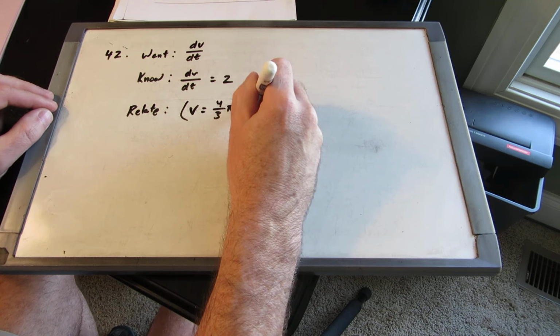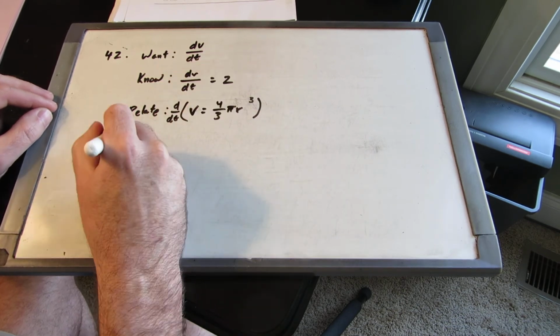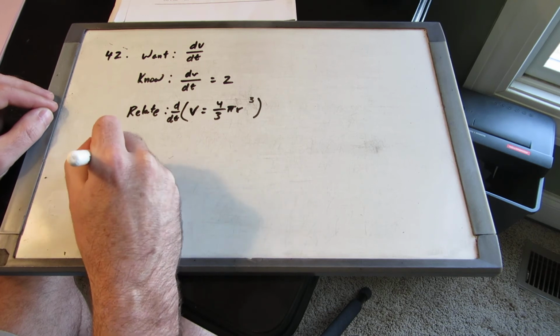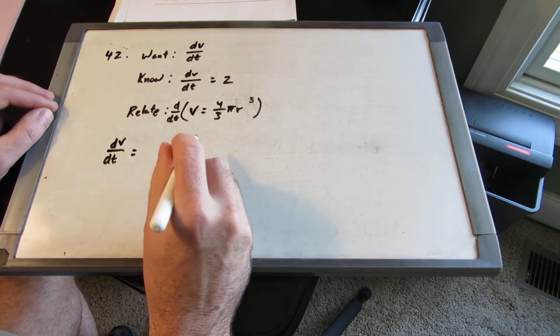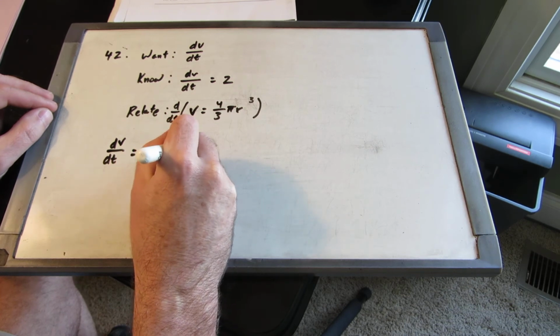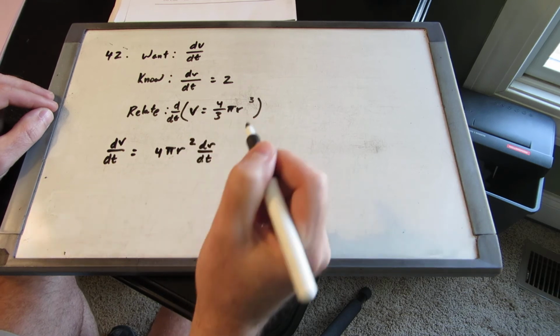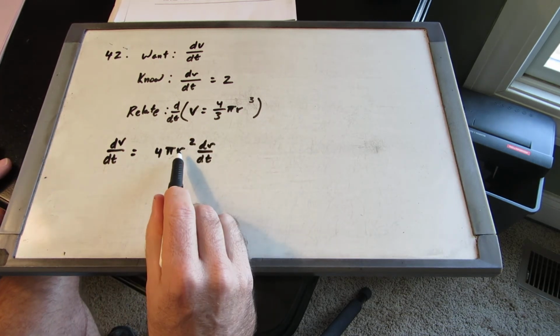So we need to take d/dt of that. We'll have dV/dt equal to 3 times 4/3, which is 4 pi r squared, and then don't forget the dr/dt. So we just have to figure out what r is.